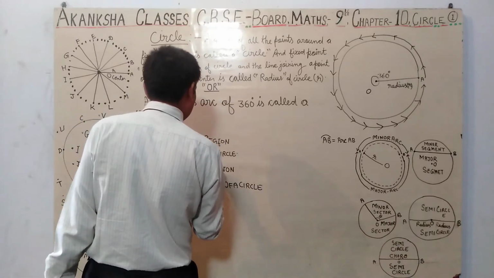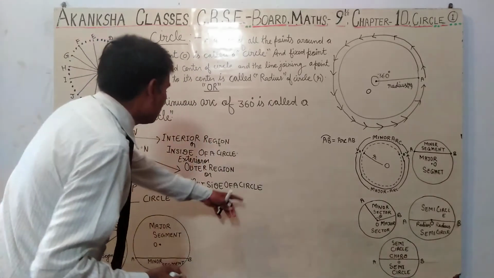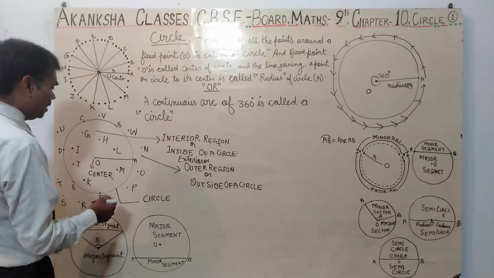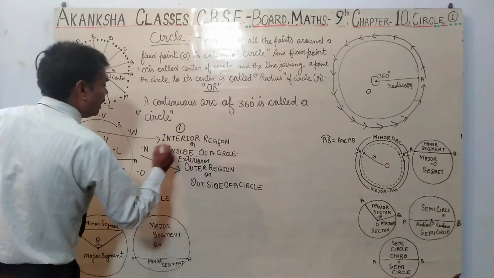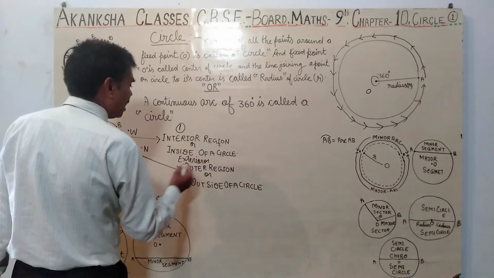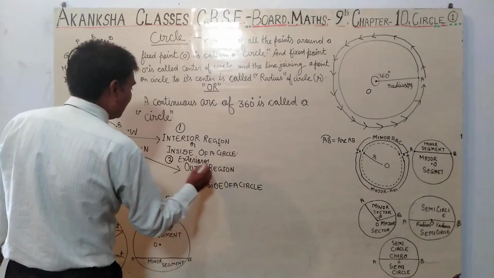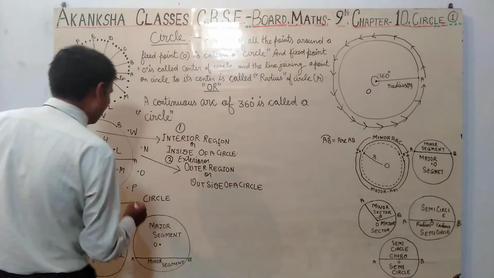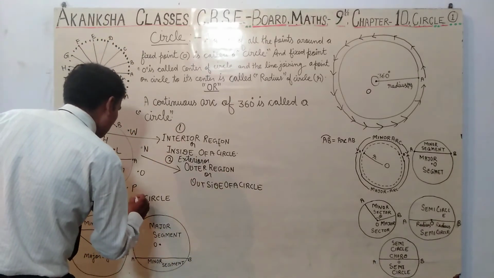Exterior or outer region are outside of a circle, and the third one is the circle. Hence, first is interior region or inside of a circle. Number two, exterior or outer region or outside of a circle. The third one is the circle itself.